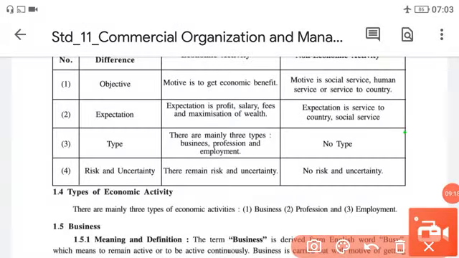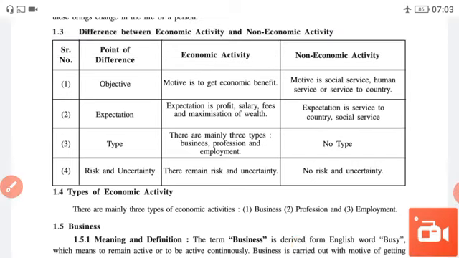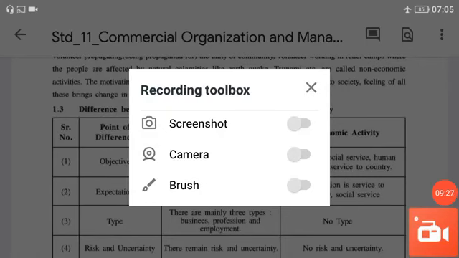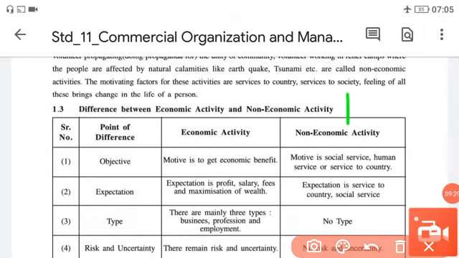I mark it here. You can mark this point: the question is the difference between economic activity and non-economic activity. Most important question for the exam.